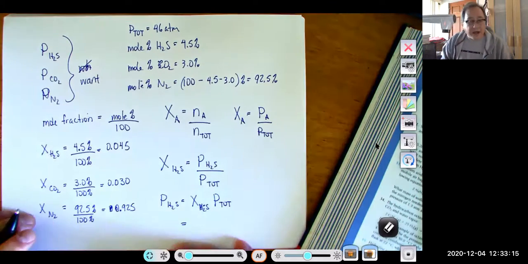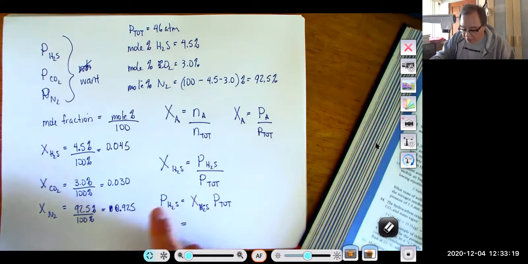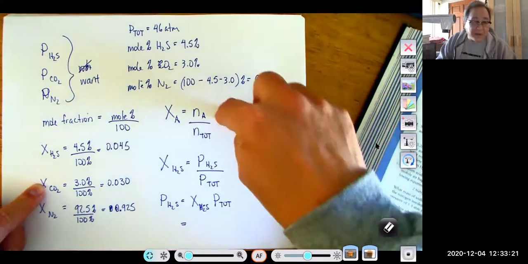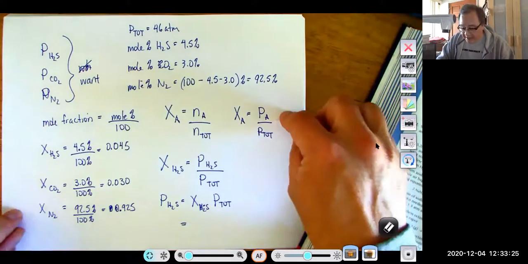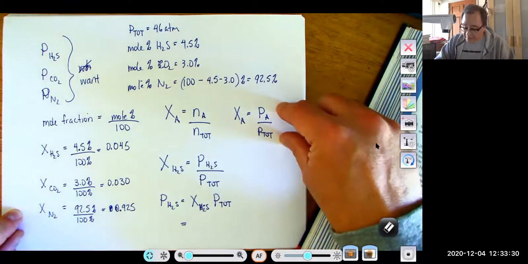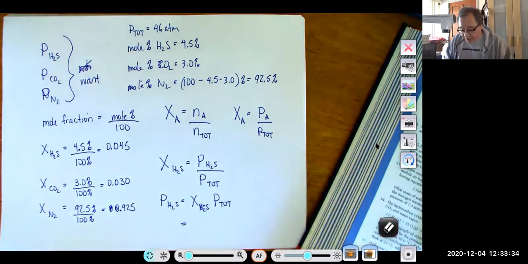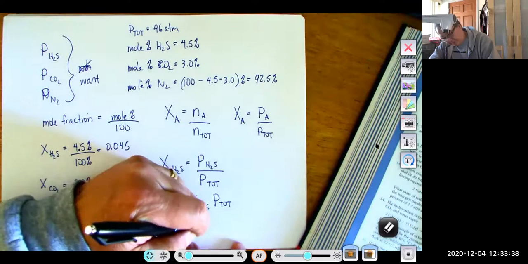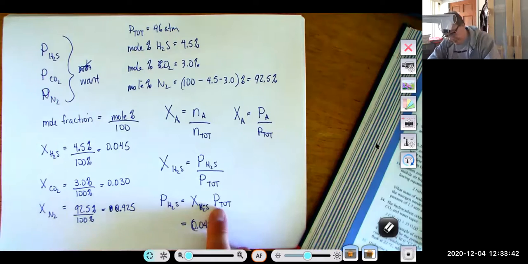And mole fraction has no units because you're taking the moles of one thing, dividing it by the moles of the other. So there are no units. The same with calculating it using pressures. If you have atmospheres here and atmospheres here, you get no units. So this has no units. This does have units.